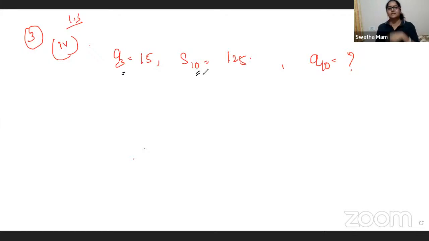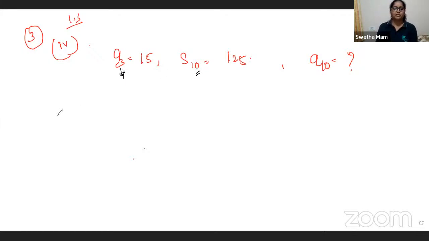So A3 is given. A3 is equal to 15 and S10 is equal to 125. So you have to find out A10, 10th term is equal to question mark. Okay. So A3 is given and S10 is given.